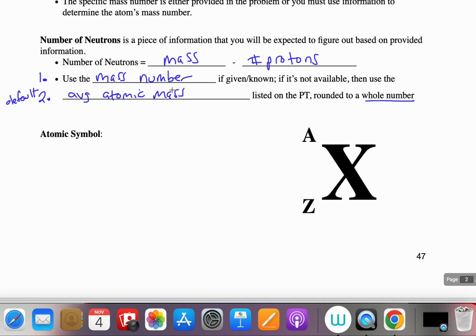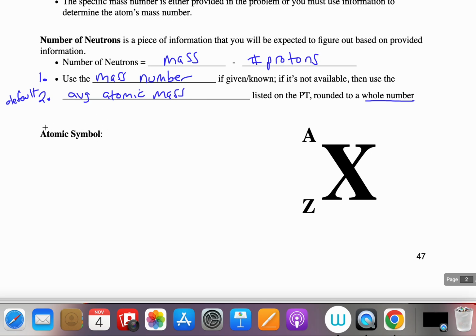It's like when data comes out in the news about a health report and it provides the average weight or cholesterol or blood pressure of a particular group of people. That data is not specific to one person, but it's an average of the population that was looked at. On the periodic table, it's an average mass of the atoms that make up that element.